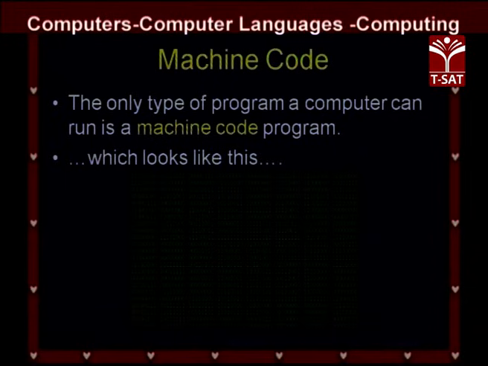The answer is that it is the only type of programming a computer can run directly. That means it is the only language understood by the machine, that is zeros and ones. That is machine language. You can explain that.